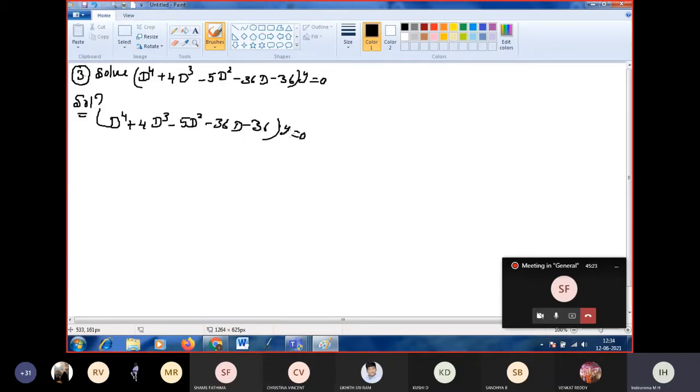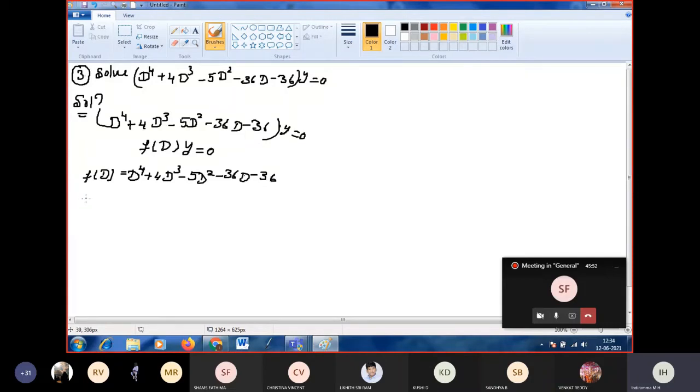Yes, ma'am. So it is given in the form f of D into y equal to 0, where f of D equals D power 4 plus 4 D cube minus 5 D square minus 36 D minus 36. Correct?